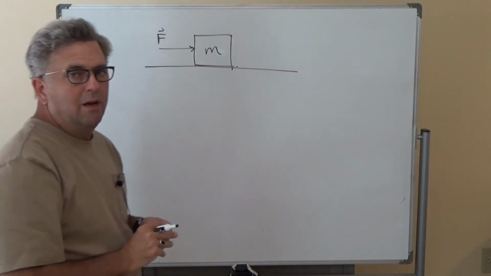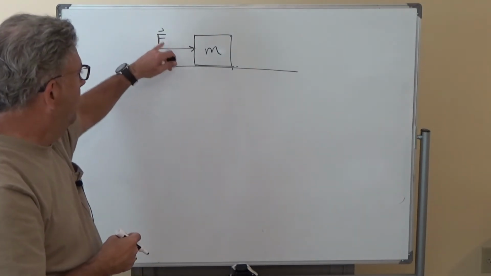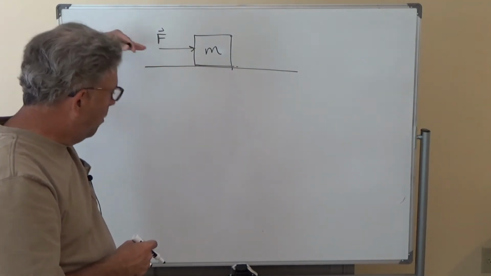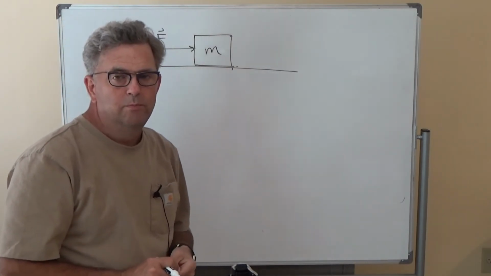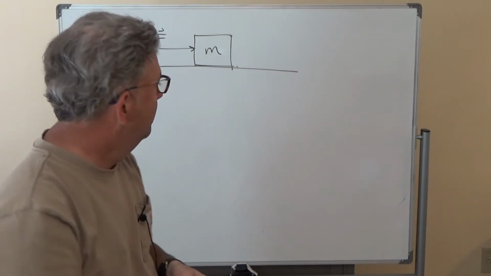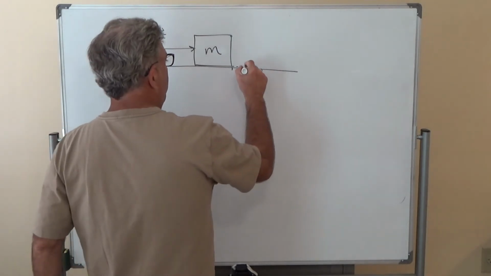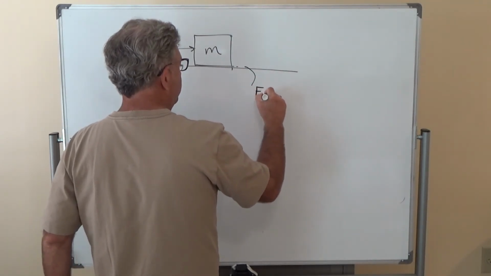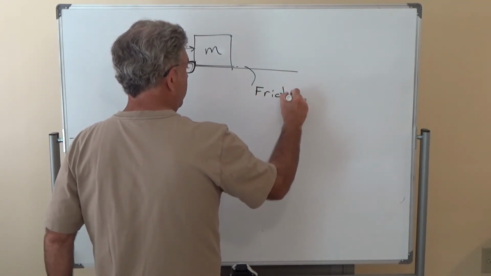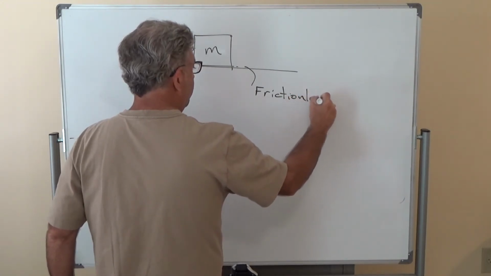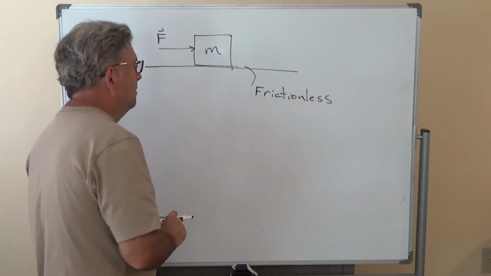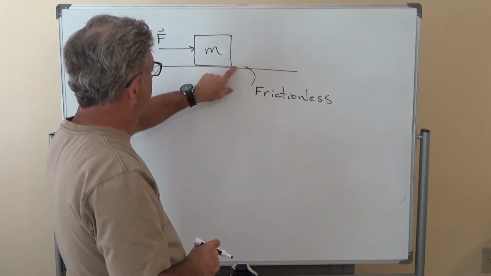I'll go ahead and put the vector symbol there. We know it's a horizontal force. It's a one-dimensional motion. Let's say that this surface is frictionless. Friction is another one of our forces that I didn't mention.